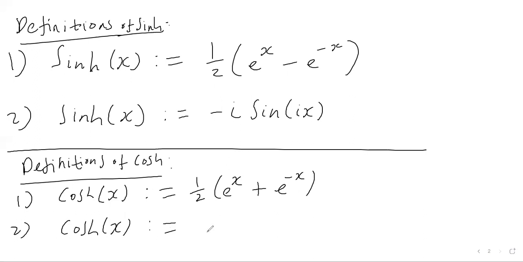This time it would be cos of ix. So that's another way that you can define these hyperbolic functions. We're going to use both of these definitions to differentiate hyperbolic sine, and these definitions of the hyperbolic cos function may come in handy.